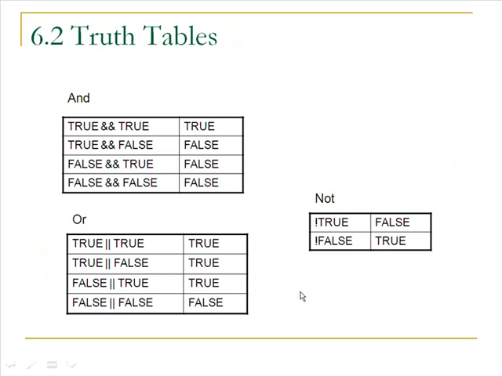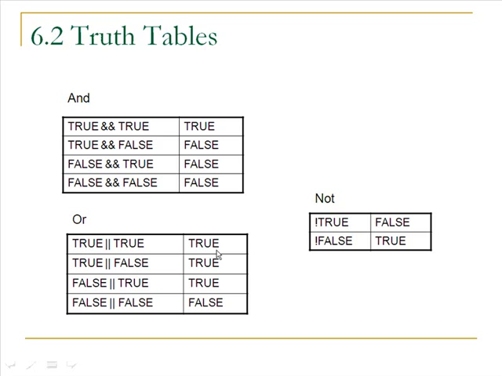So what are all the possible combinations of true and false that we can combine using these logical operators? These are called the truth tables. The top one here is the and truth table. True and true is true. Any other combination of true and false evaluates to false. Here's the or truth table.